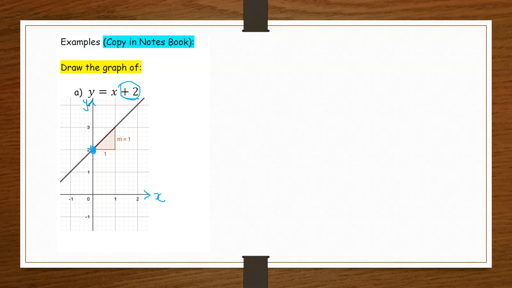This number here tells us where it crosses the vertical axis. The x, which we could write as 1x, tells us that if we go across 1, we go up 1. So we can put another dot there and then join the dots to make a line.